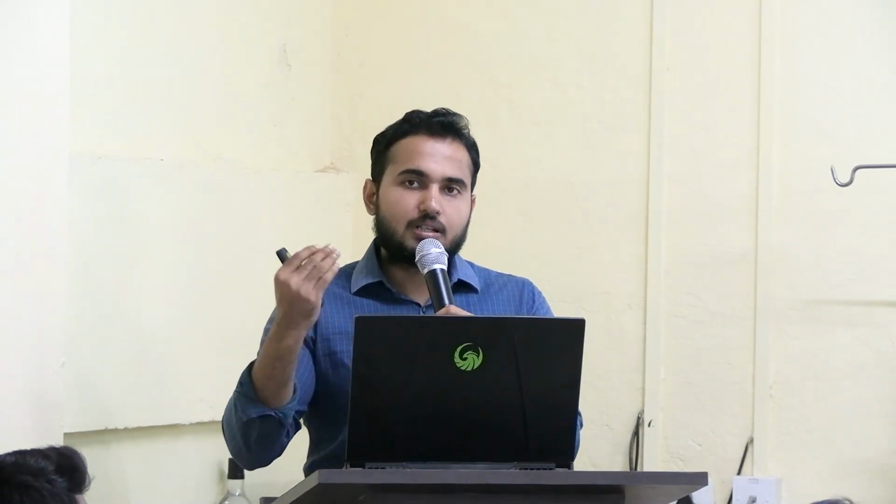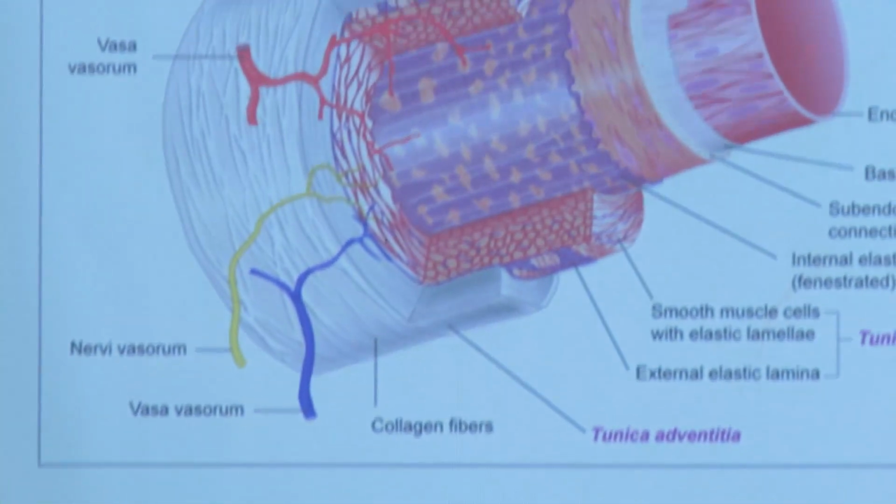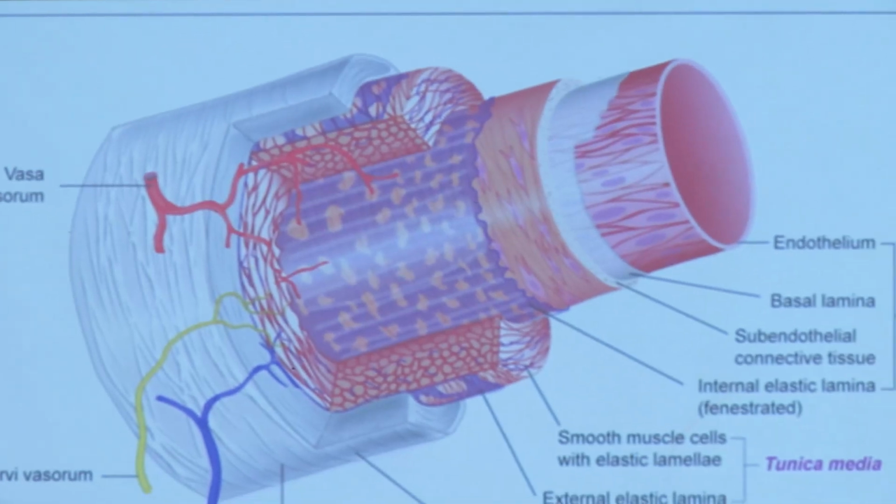blood vessel, at that time most of the inner layers, the innermost layer, get nutrition by diffusion from the blood itself. But how will the outer layers get nutrition? For that, such small arteries are responsible. They carry the blood and supply the outermost layers. That's why it is called Vasa Vasorum.